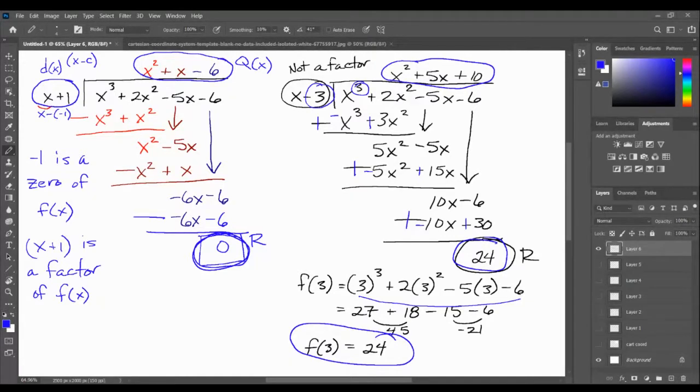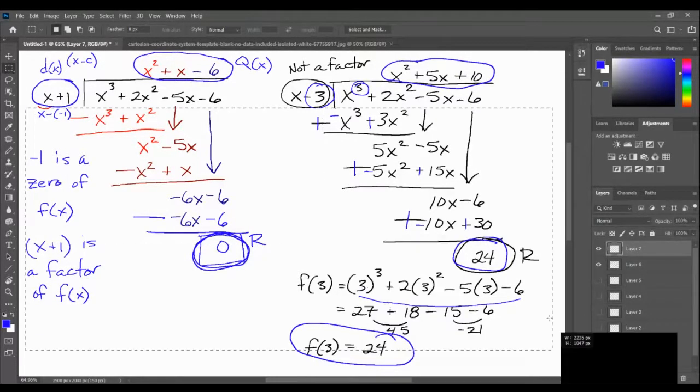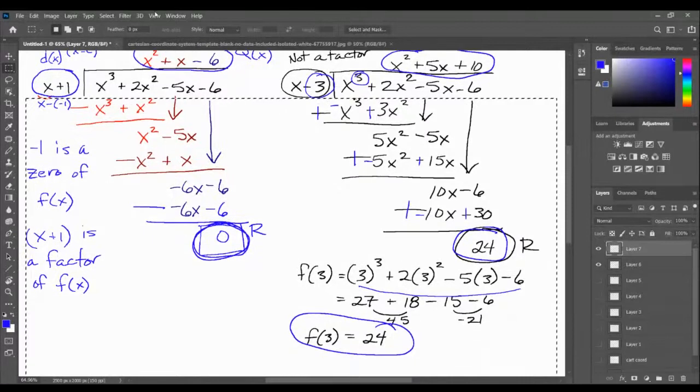Hoping I can make this as easy as possible for you. All right, let's do this same function, but with synthetic division. We should get the exact same numbers. So I'm going to keep this up here, and I am going to try to block out everything below that.